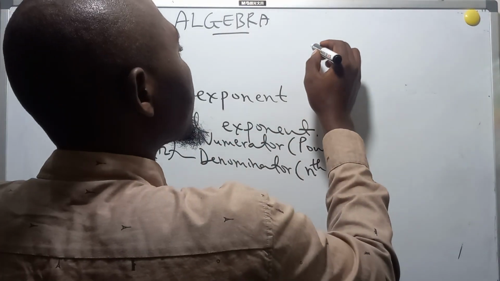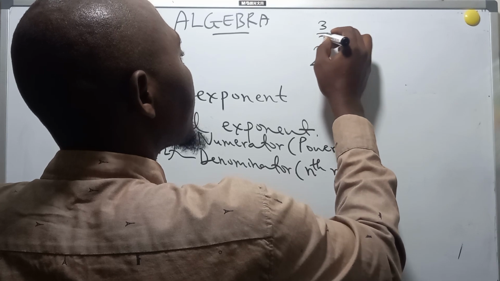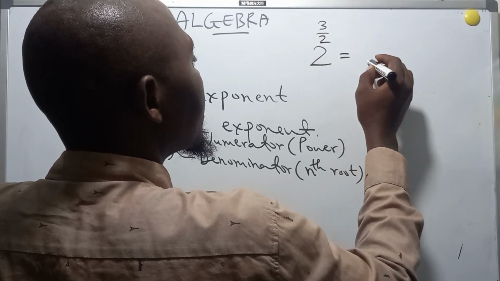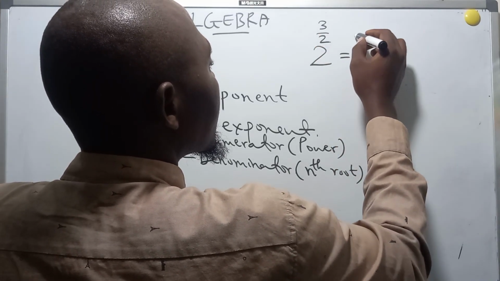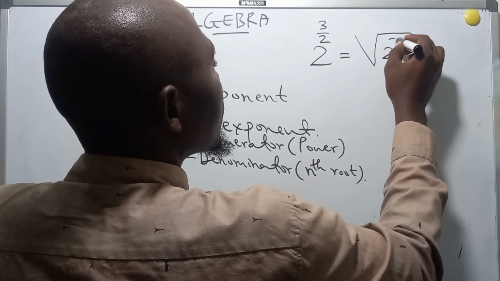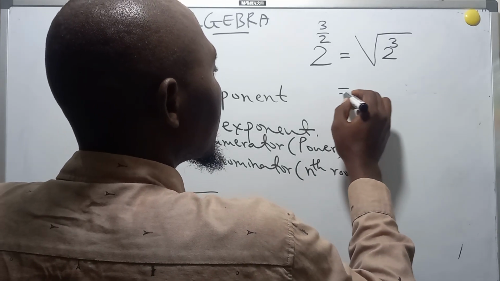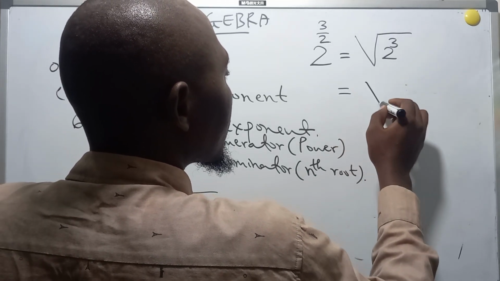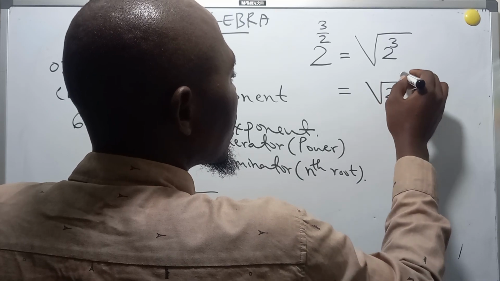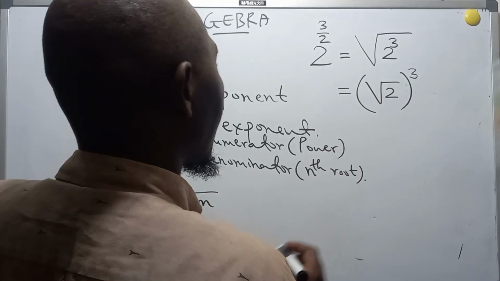For example, 2 raised to 3 over 2 is the same as to write the square root of 2 raised to the power of 3, or the square root of 2 in brackets raised to the power of 3.